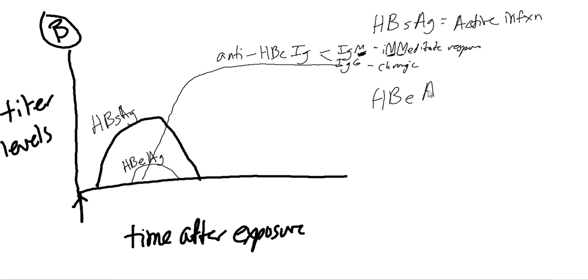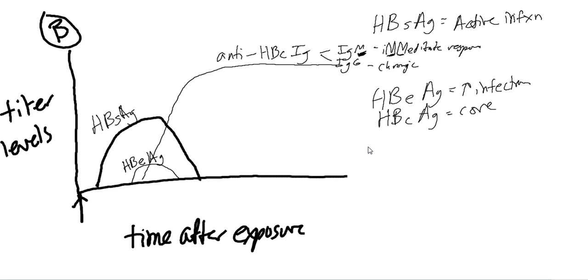HBE antigen, we've already covered, is going to be high infection. It's going to do that active replication. It's going to be high infectivity. We've also got our hepatitis B core antigen. That's just going to be our core marker. So S is surface, C is core.